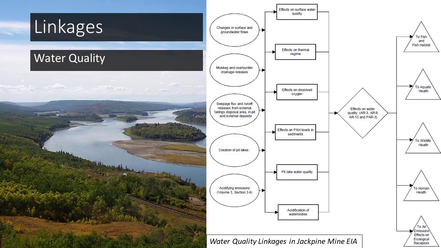In the end, I hate to say it, but nobody cares that much about water quality unless it affects something living. So that's really where we want to go with these. If you're concerned about this effect here, acidifying emissions, you're going to need to figure out which of these components you really care the most about if you're going to go looking for effects.